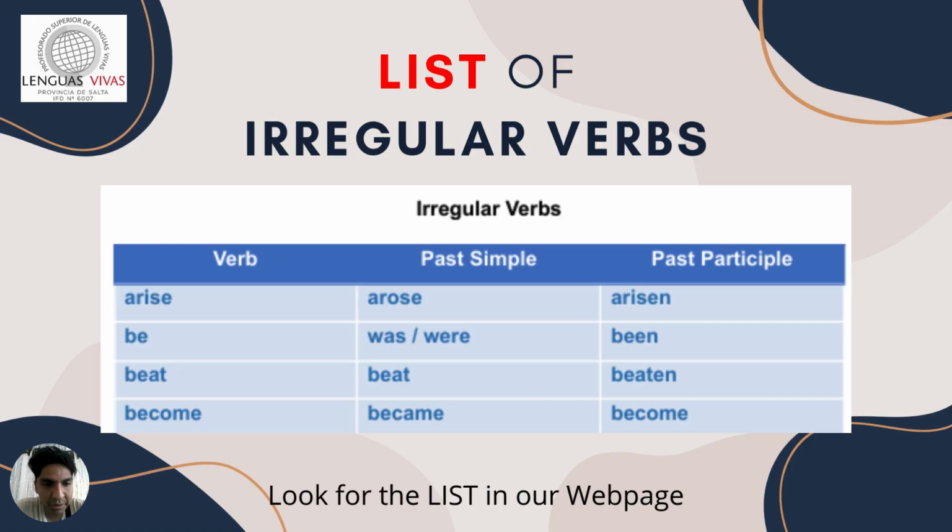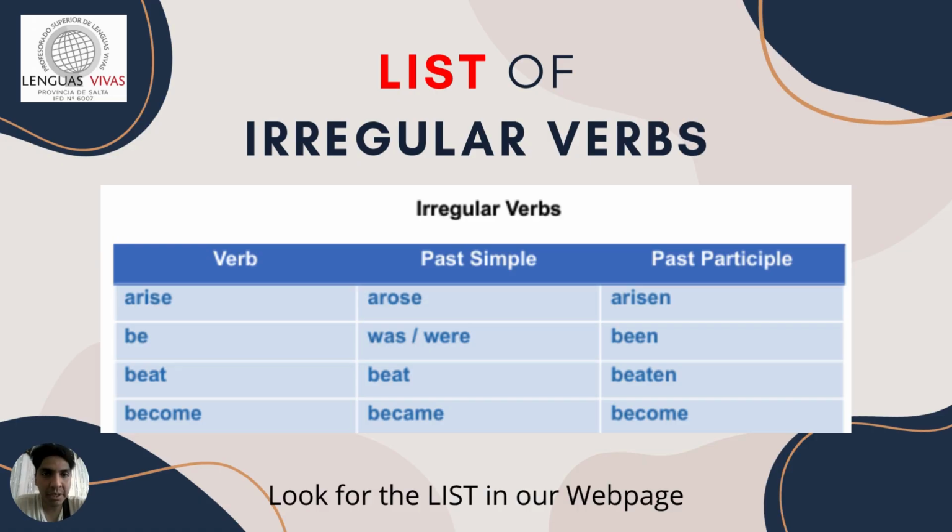Then we have beat, beat, beaten, become, became, become. And as you can see, there are just four examples here, but you need to know that there are dozens of verbs that are irregular. So you need to read the list of irregular verbs. There are a lot of irregular verbs.